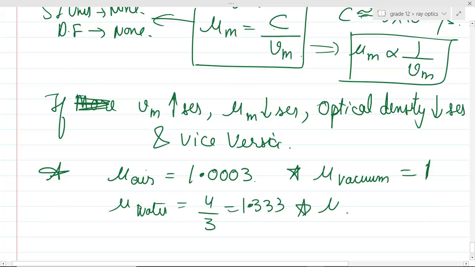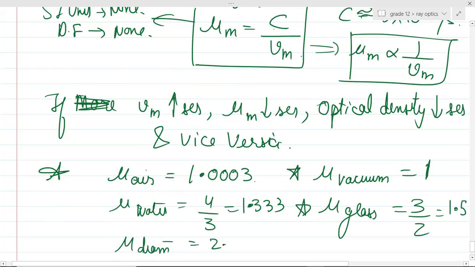The refractive index of glass in general is taken as 3 by 2, which is 1.5. The refractive index of diamond is 2.42.